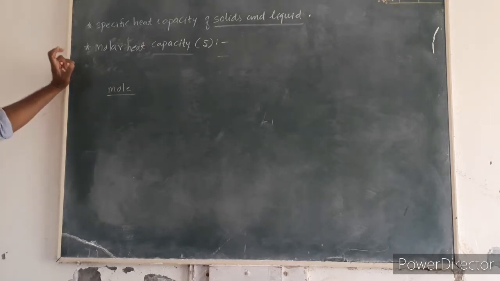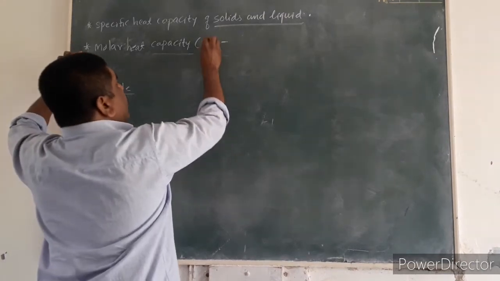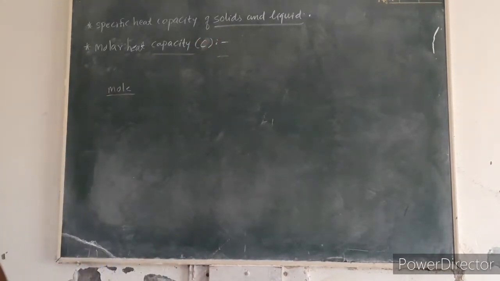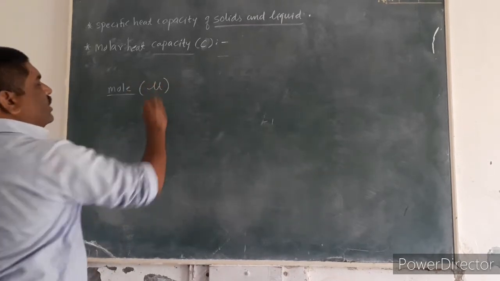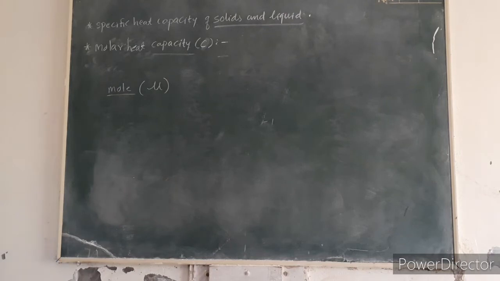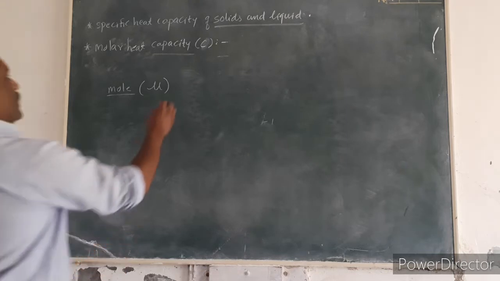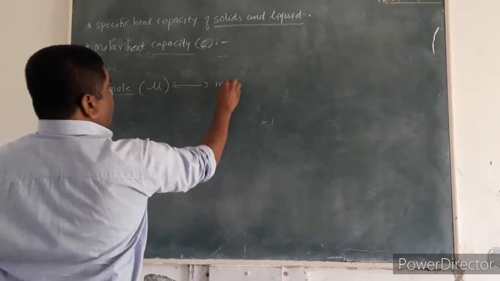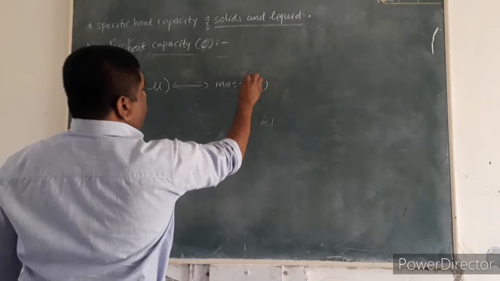The molar heat capacity can be given as C. The molar heat capacity is defined as the amount of substance specified in terms of mole, denoted as letter mu, instead of mass m.